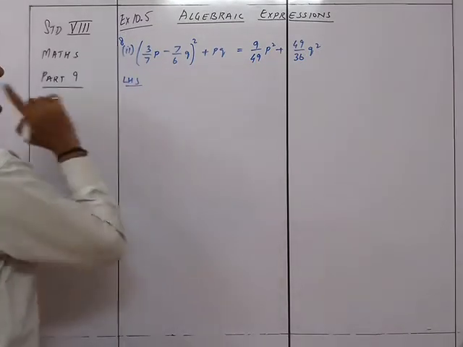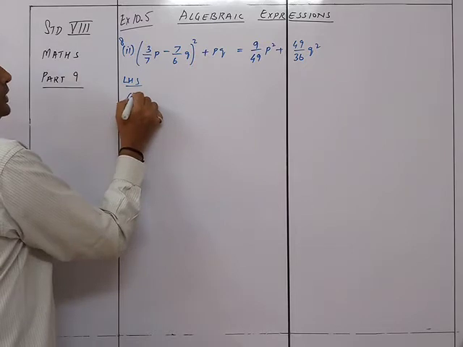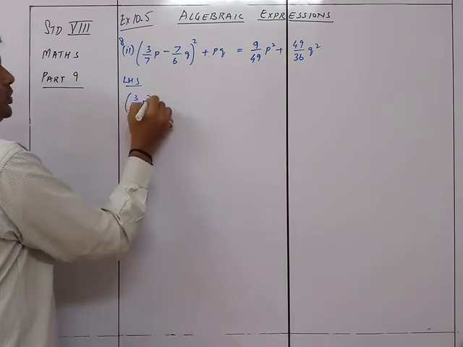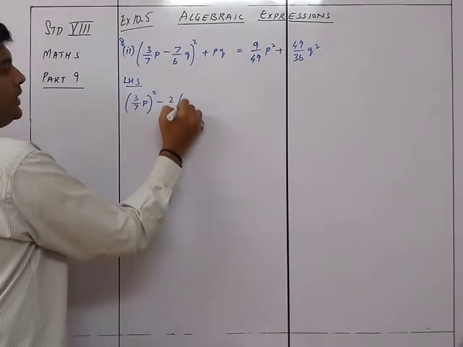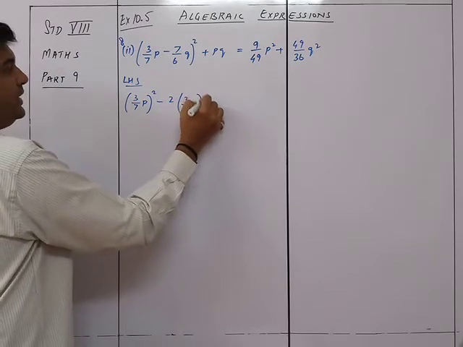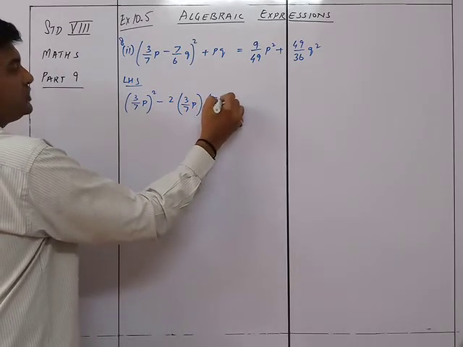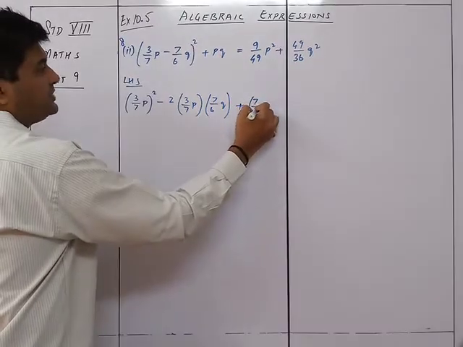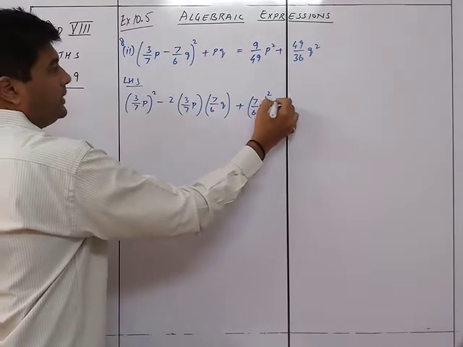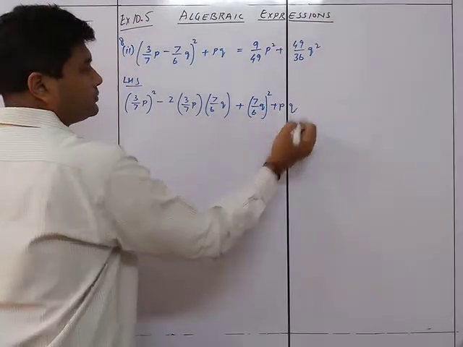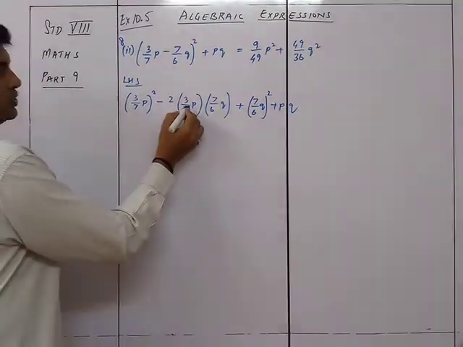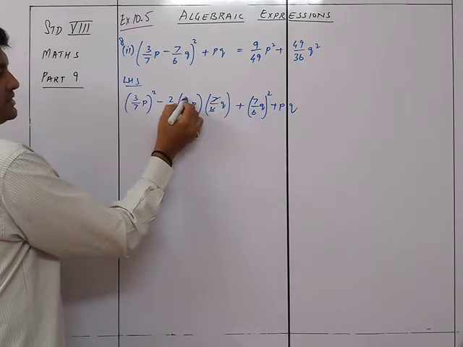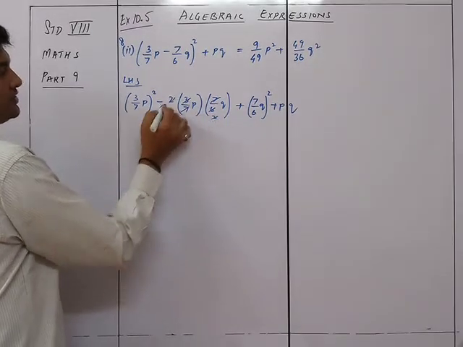So you're just opening the brackets over here. It will be equal to 3 upon 7p the whole square minus 2 into 3 upon 7p into 7 upon 6q plus 7 upon 6q the whole square plus pq. So 6 cancels with 2, and 2 cancels over here.